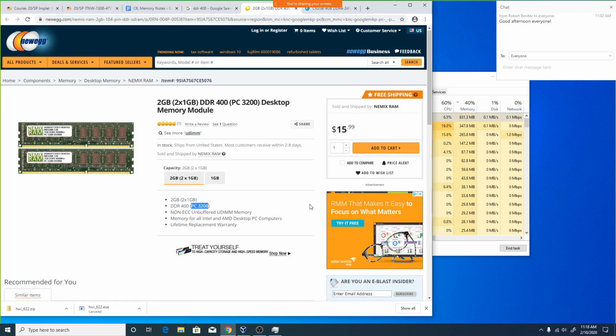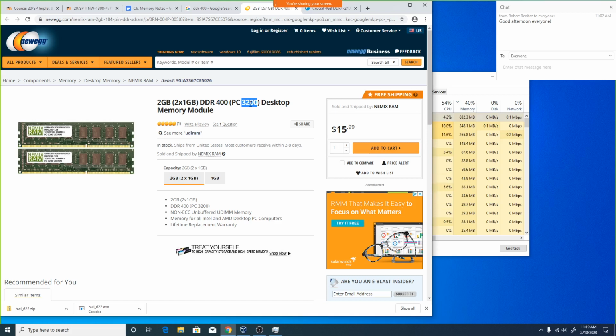So for every type of DDR memory you have, you're going to end up with a PC number. This number is megabytes per second of transfer. And this number comes from, you take that, you multiply it by 8, and then you get this number. So 400 megahertz, multiply that by 8, and you get 3,200 megabytes per second.